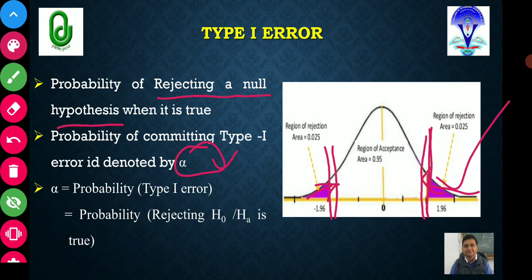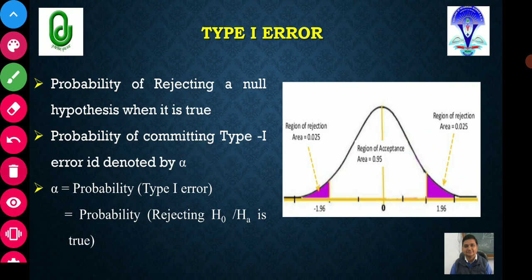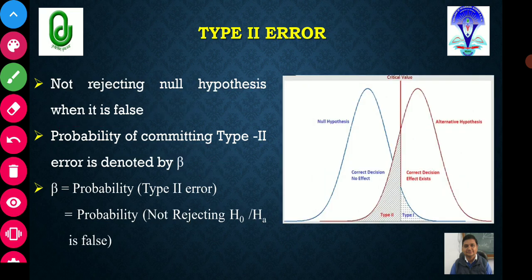Now, another one is the type 2 error. Type 2 error is not rejecting the null hypothesis when it is false. That means the null hypothesis was wrong and you have accepted it.